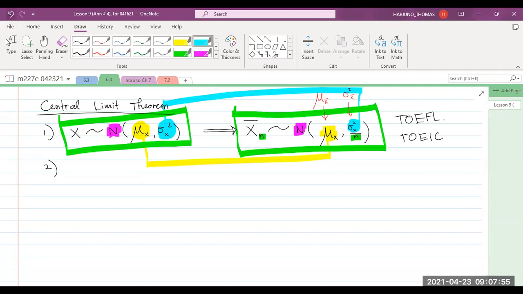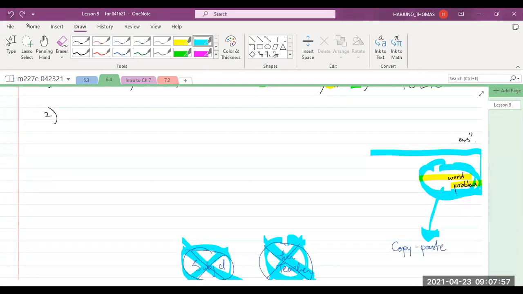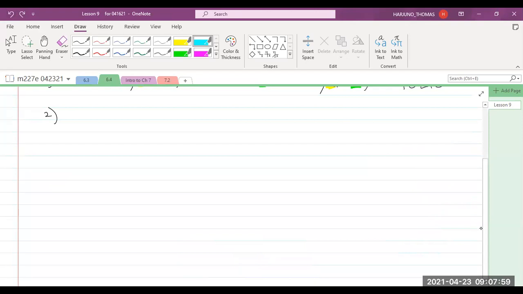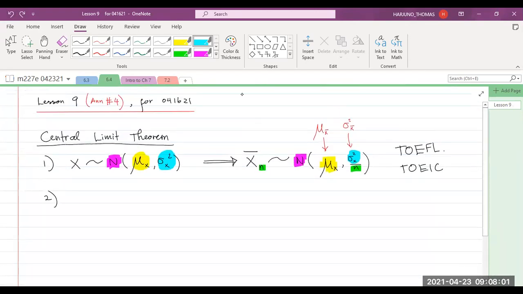Okay, too many colors, huh? Oh, that's the first part. The second part, which gives us the same conclusion, is the following. Let the original distribution be not normally distributed, or unknown to be normally distributed, but the mean is known and the variance is known.